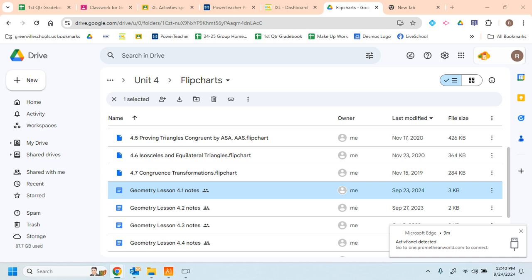So 3x plus 10 is equal to 4x plus 1. And when we look at this, we see that x is equal to 9.